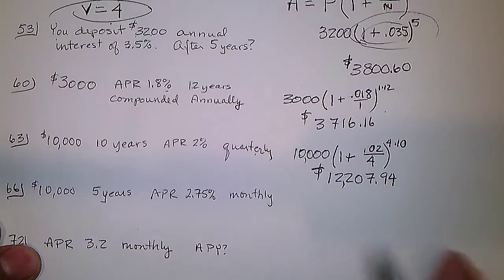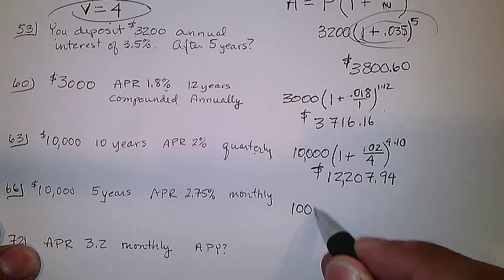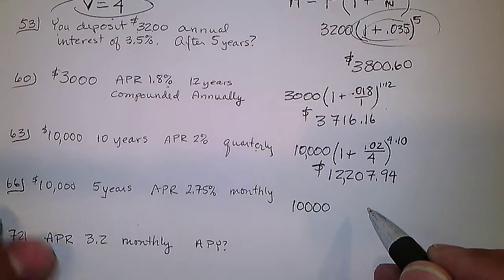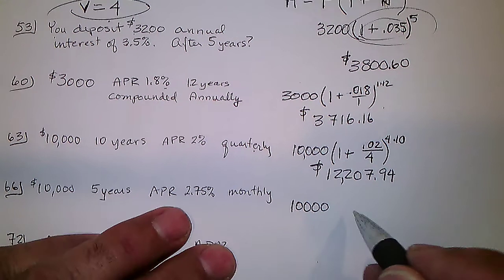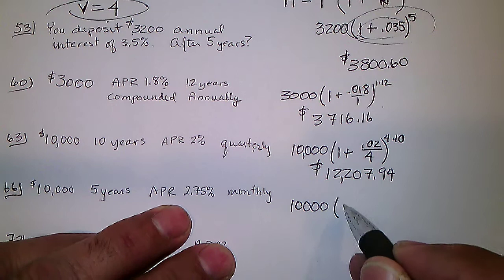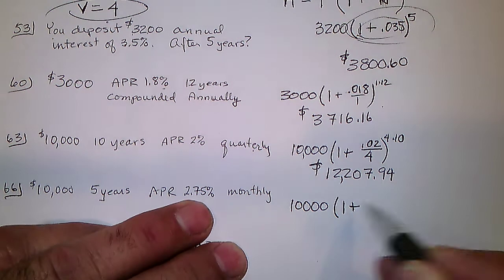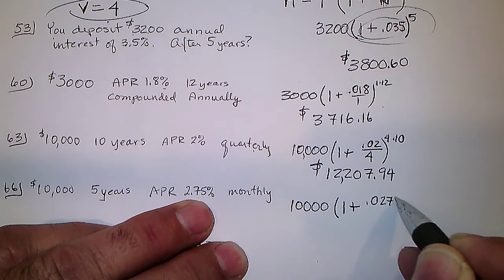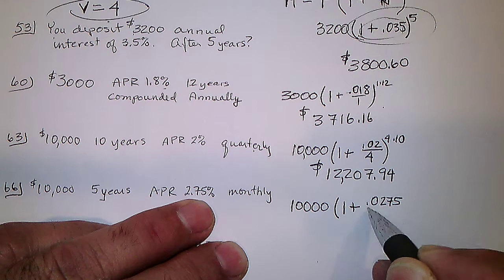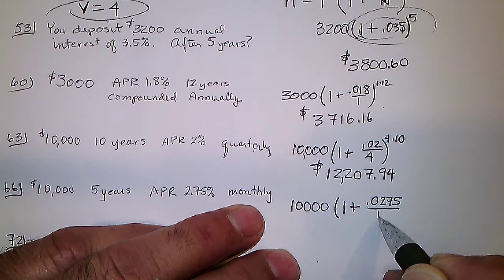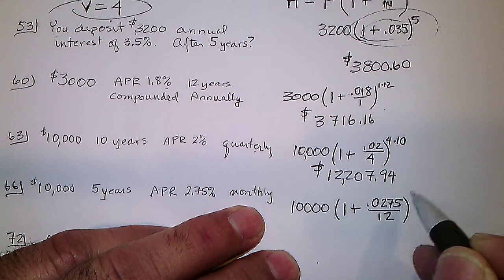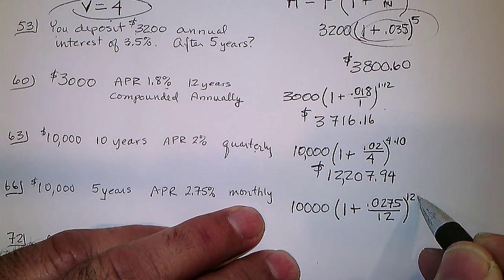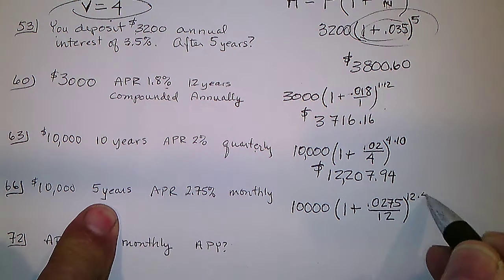Okay, again 10,000. This time the interest rate is 0.0275. We're doing this one monthly, and so I've got to take it to the 12 times how many years? 5.